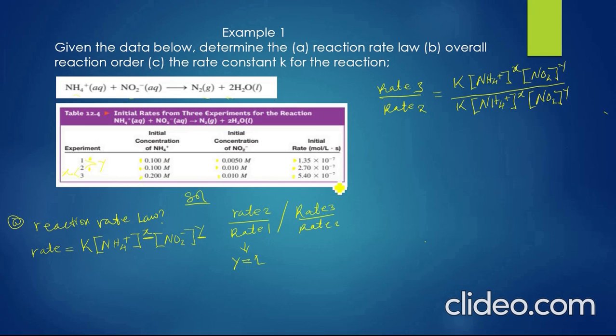So now let's just substitute. So our rate is this one for 3. So we're going to say 5.40 times 10 to the power negative 7 over, what's our rate 2?